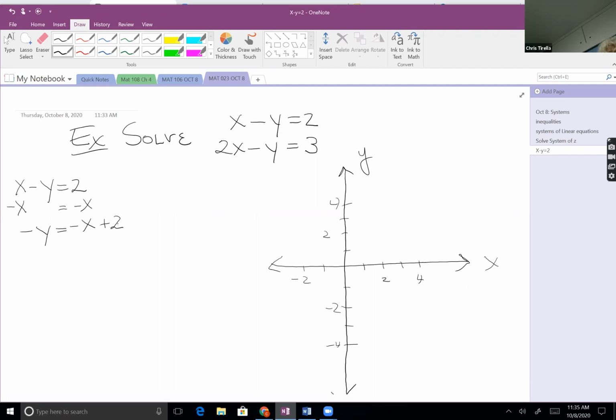Now, to completely solve it for y, we need a leading coefficient of 1 on y. Because there's a negative sign in front of the y, I have to divide both sides by negative 1, giving me y equals negative x, negative divided by negative is positive x, minus 2.